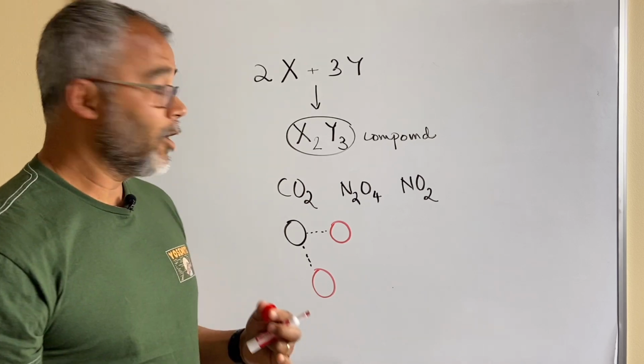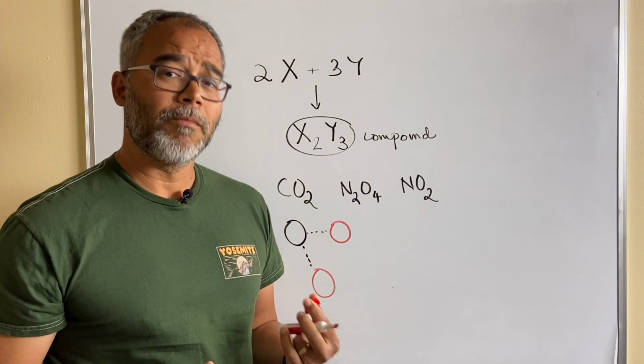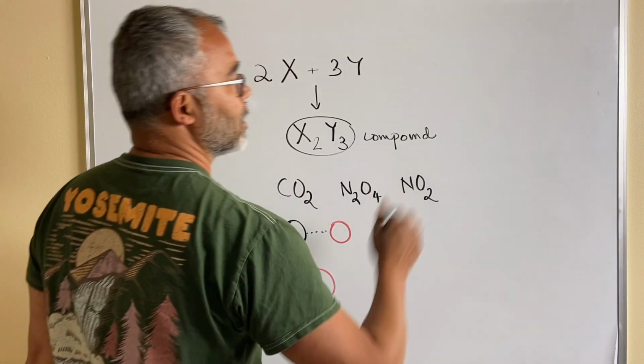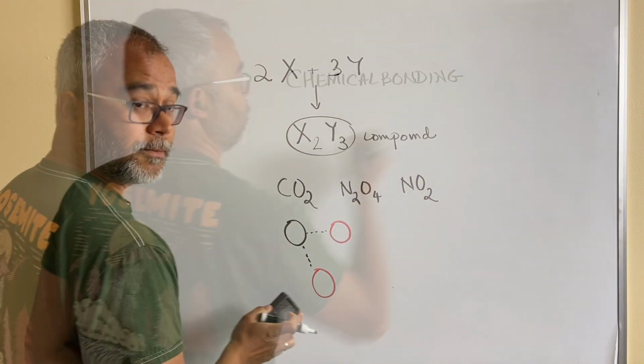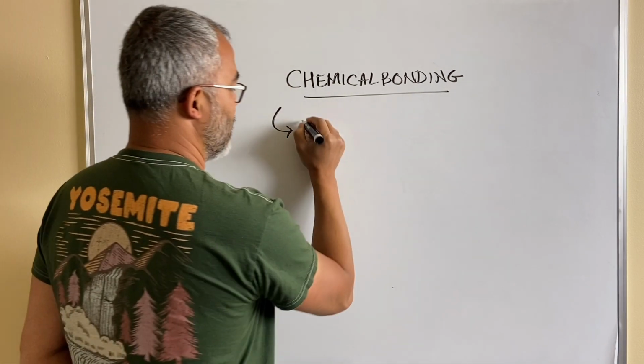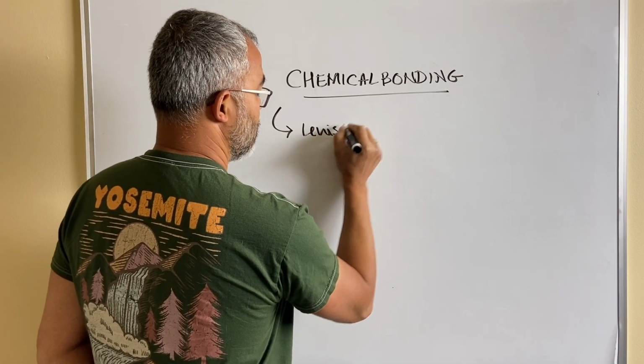There are 3 models of chemical bonding that we will explore, and I'll go ahead and write the names of the models out here. So there are 3 models we'll look at. Model number 1 is the Lewis model.